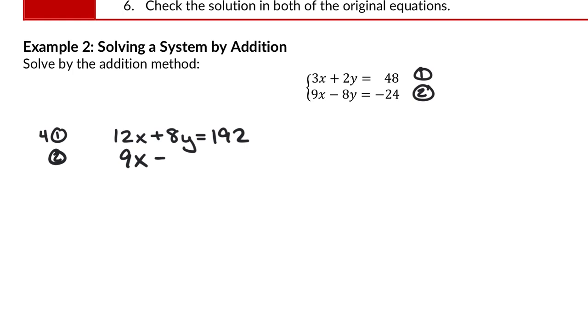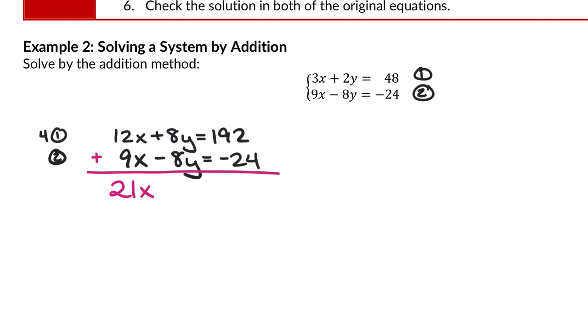Because now, if I look at these equations, now that I've manipulated the top one, do you see that there is a coefficient where one is positive and one is negative? I have positive 8y, and then I have negative 8y. That's what we want. Once we have those opposites, that's where we go to the steps, and we're going to add these two equations together. 12x plus 9x is 21x.